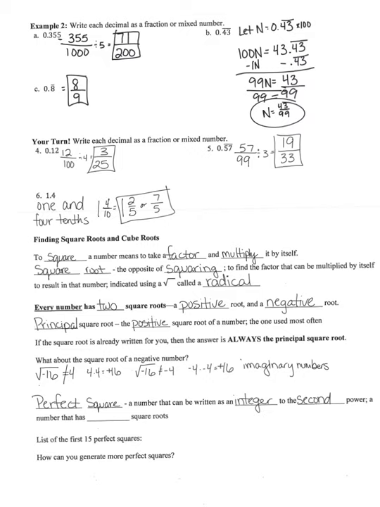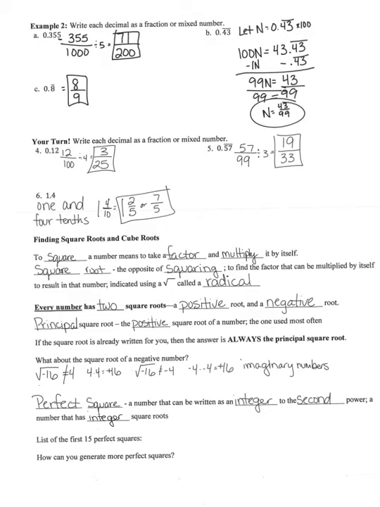And it is a number that has integer square roots. So let's list out the first 15 perfect squares.